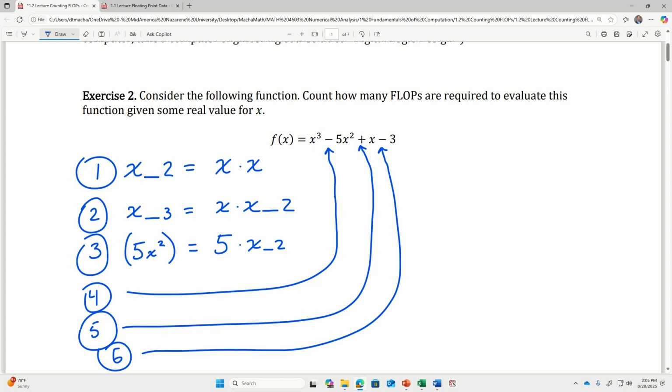And then I've got to subtract, add, and subtract. So maybe the most common answer people come back and say is 7. But if you're thinking through it really carefully, you think, I could actually avoid having to do one of those flops as long as I use a previously calculated value for x squared to give me the x cubed part.